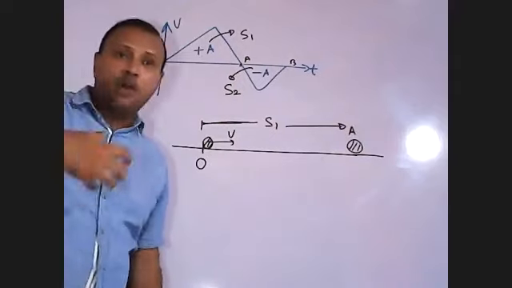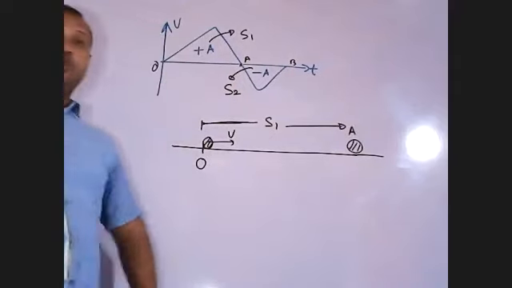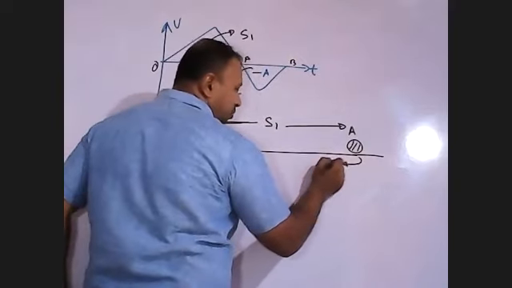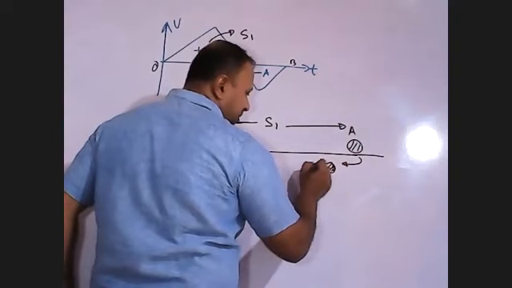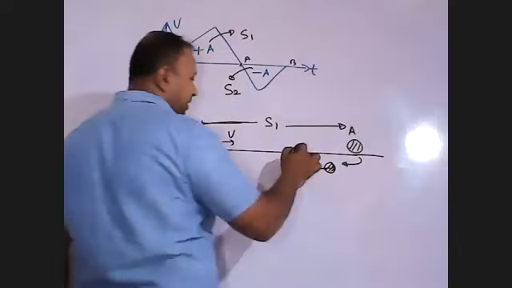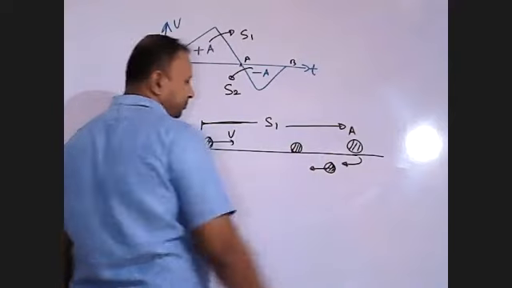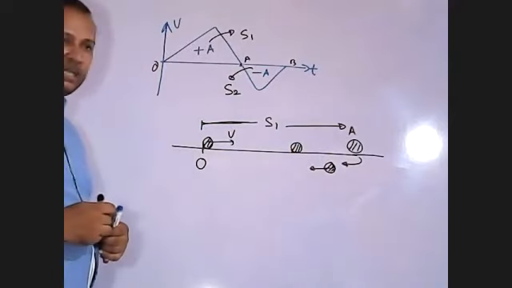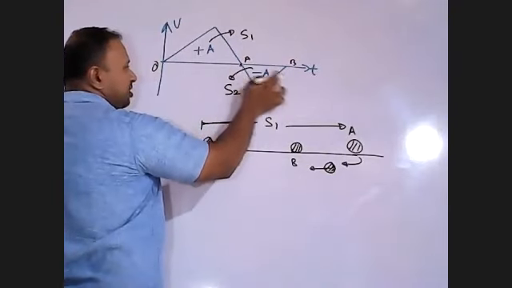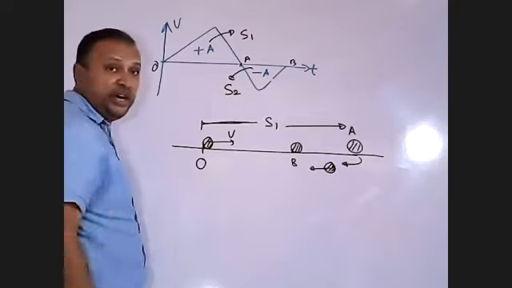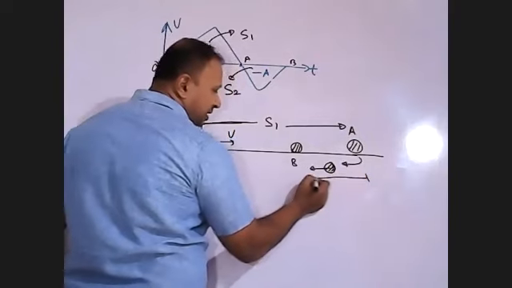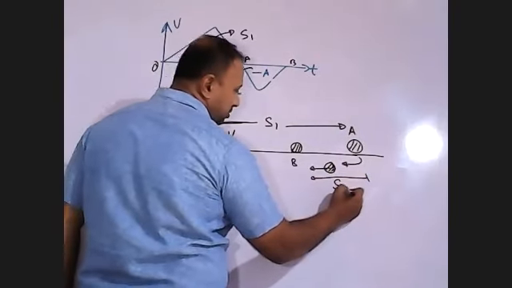Velocity is negative means now this object is moving into the negative direction. Now it has turned back and moves into the negative direction and comes to point B. So this is A, this is B. This displacement, from A to B, is S2.